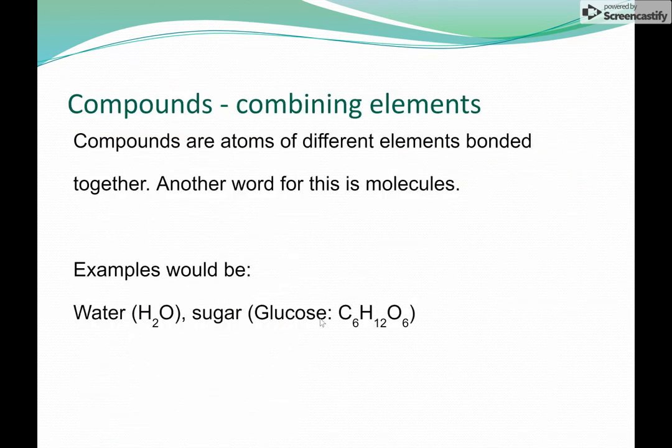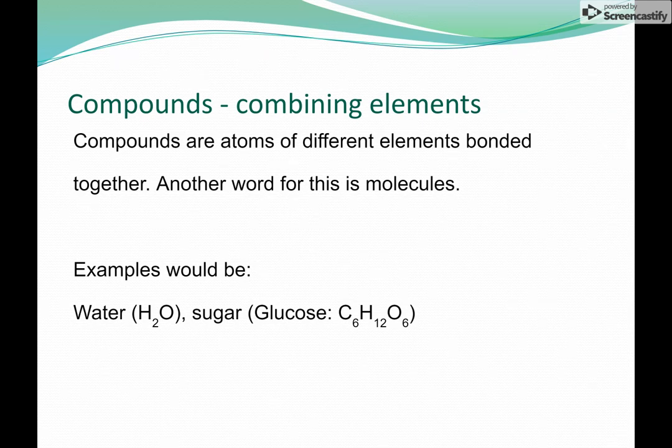So we have atoms. What happens when we put them together? What happens when we link them together? We form compounds. Another word for this is molecules. These terms are slightly different and they have slightly different meanings in chemistry, but for our purposes, we're going to use them interchangeably.